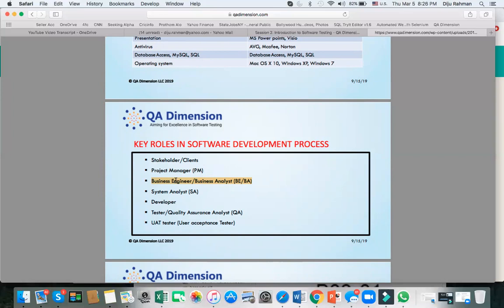Okay. So in this case, who is the business engineer going to talk to? Stakeholders, right? Because they are the ones saying, okay, I need to have this. They will go back and ask, since you said that you want to build software, give me some specification. What do you need? What kind of application do you need? Do you want your application to run only on the Safari browser or only on Internet Explorer?